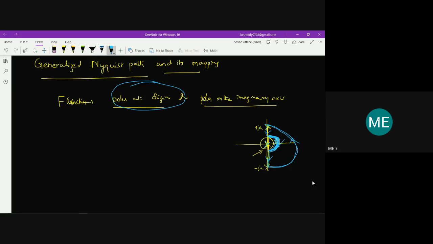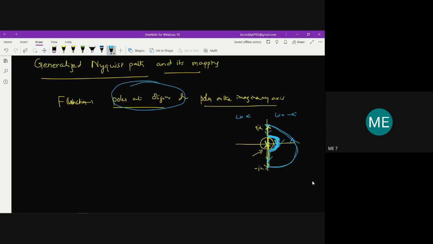The starting point is omega equal to infinity, and the terminating point is omega equal to minus infinity. Based on this, the Nyquist path has been generated. Depending on the situation of the poles of g of s and h of s, we select the Nyquist path, and guidelines have been given on how to choose this path.